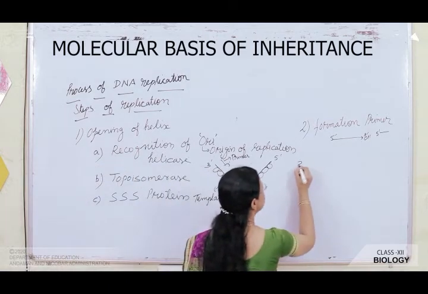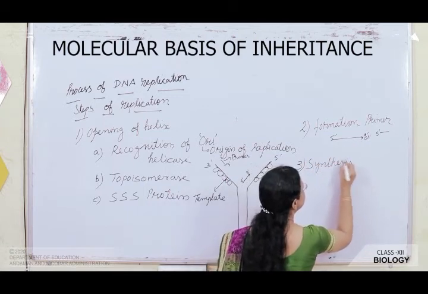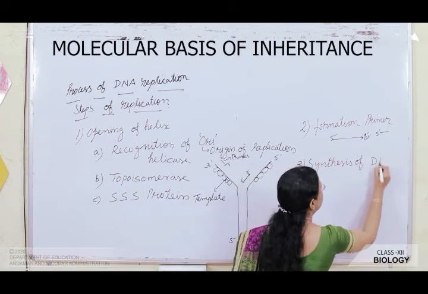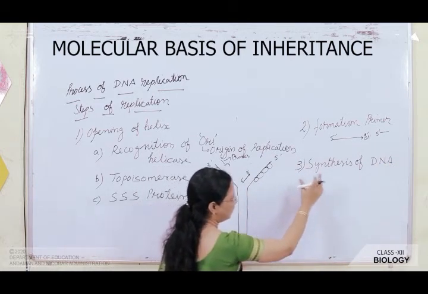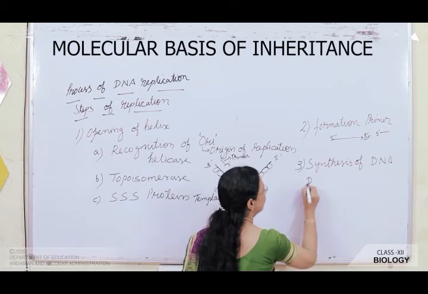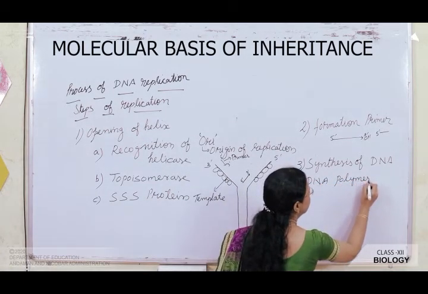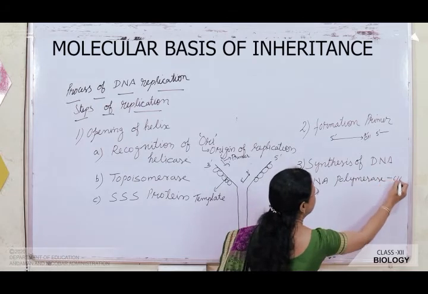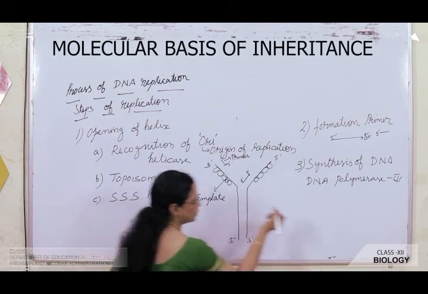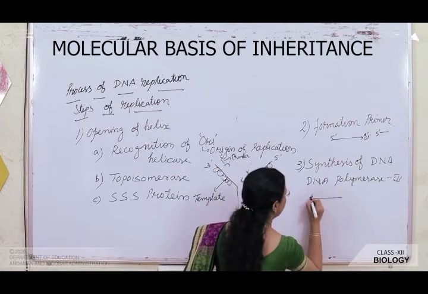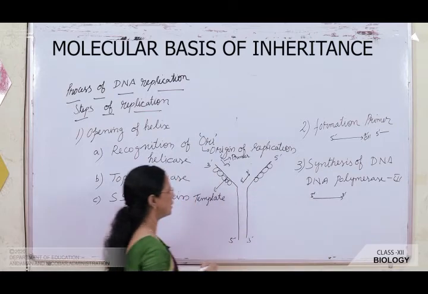Third step is synthesis of DNA. Here you see, we have seen that DNA is synthesized by DNA polymerase 3. This DNA polymerase 3 always synthesizes in the 5' to 3' direction.